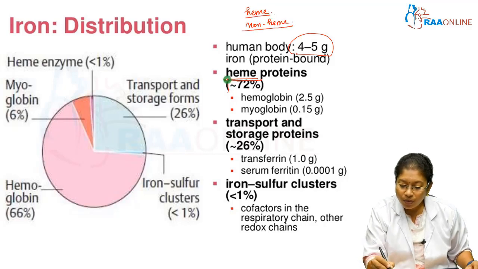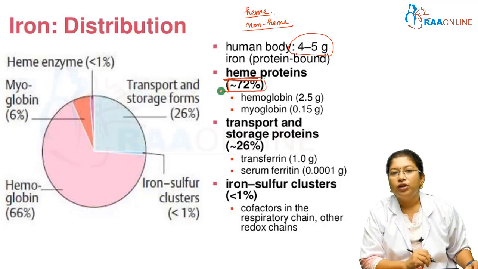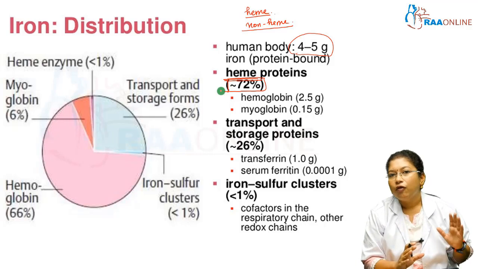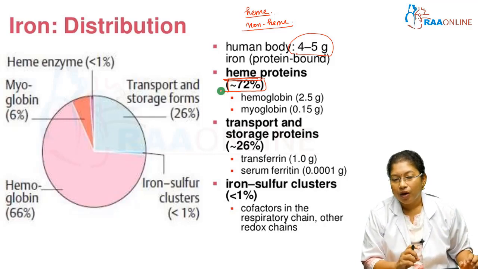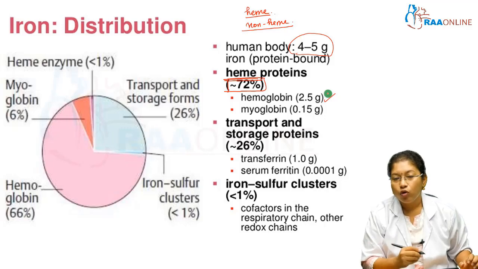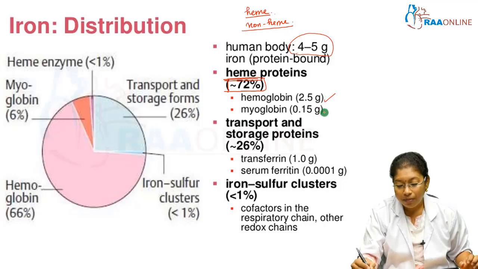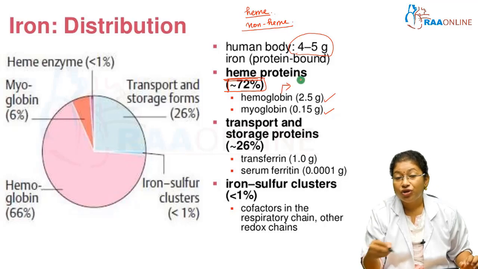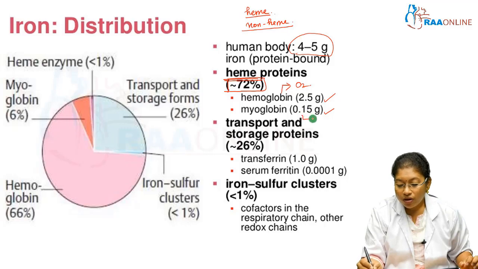So 72% of the body stores of iron is present in the form of heme. That too, it can be hemoglobin, otherwise it can be myoglobin. Hemoglobin is the one which transports oxygen and myoglobin is the one which stores oxygen in the muscle.